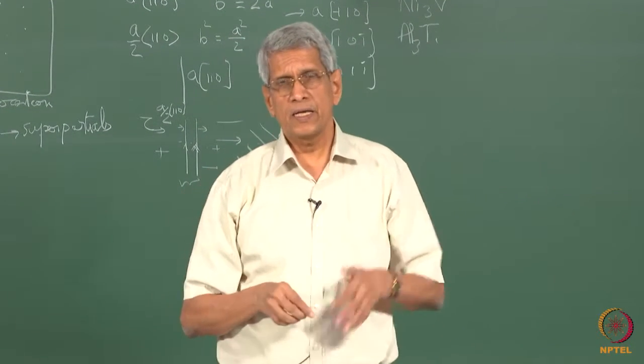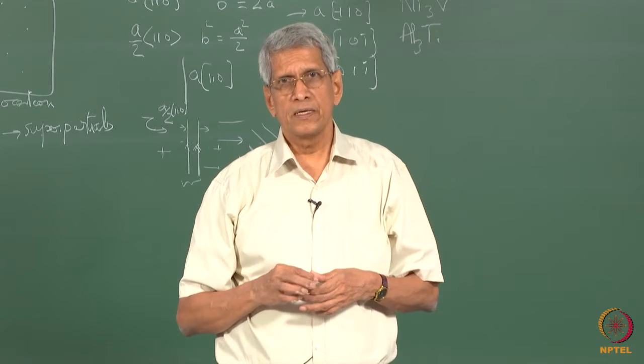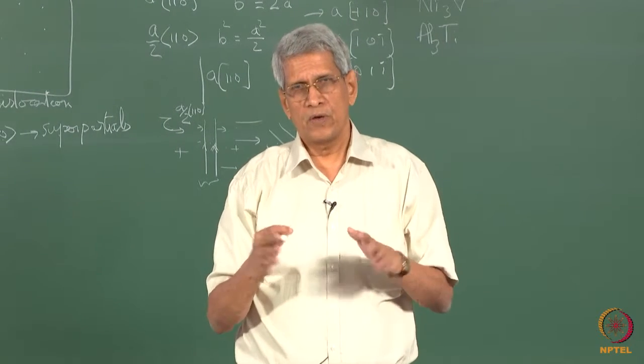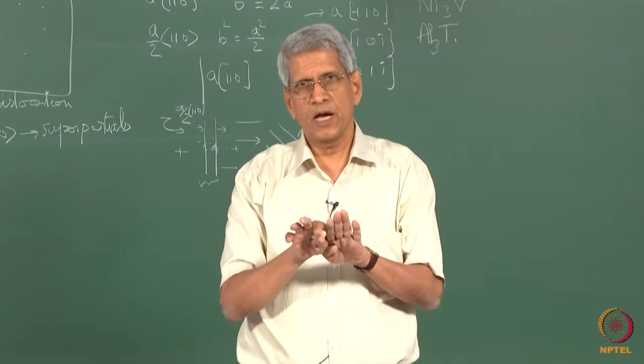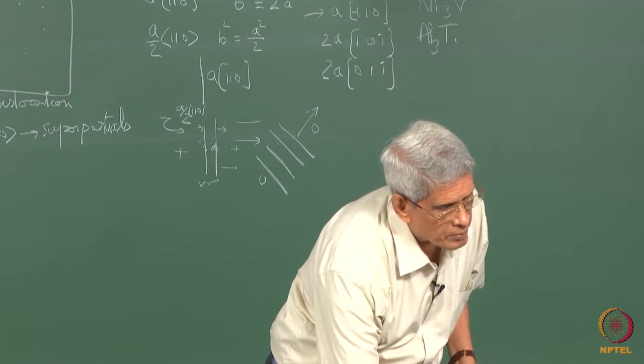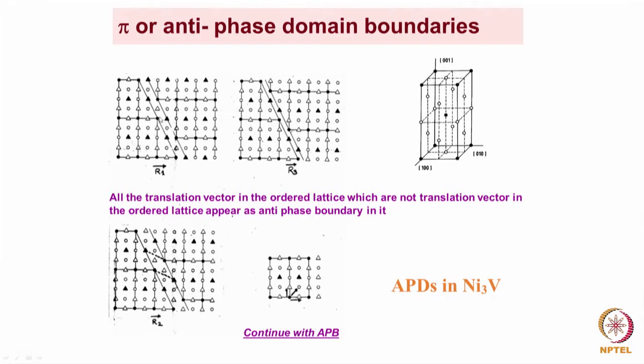When we age below the ordering temperature, nuclei of the ordered phase form and grow, and when they grow, in some cases they will join together without creating a fault. In some cases when they join together, they will create antiphase boundaries. What types of antiphase boundaries form is being shown.